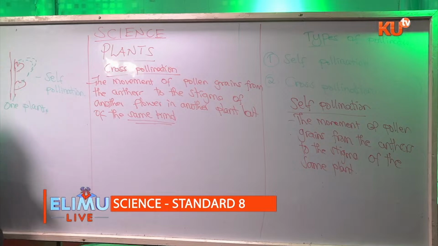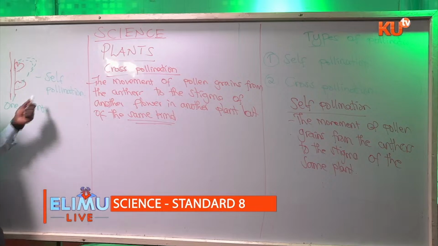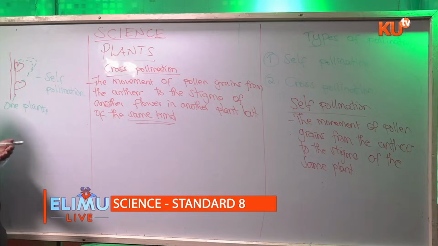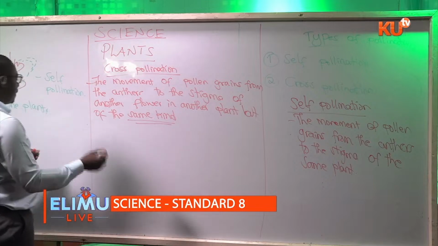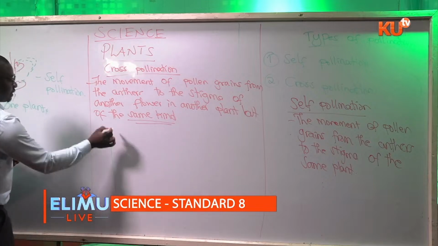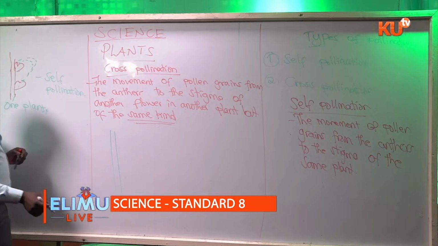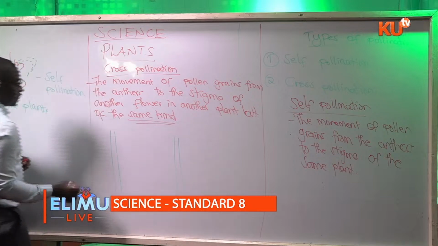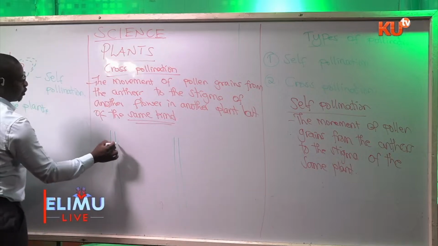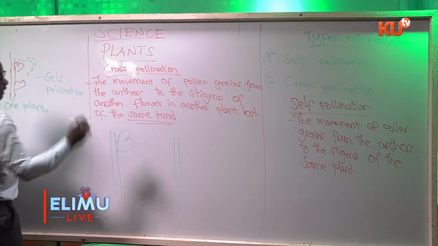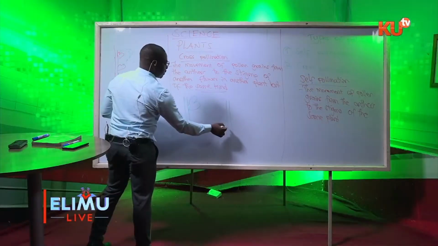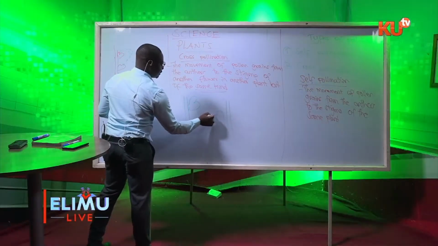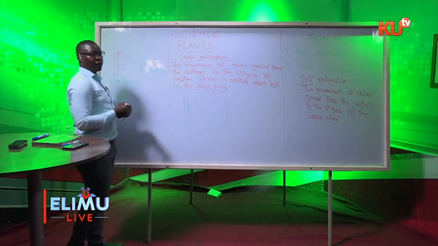So in cross-pollination, we are going to have two plants that are going to be involved, unlike self-pollination. That will be plant number one, and that will be plant number two. So we can have this example to show a flower, and we can have this other example to show a flower.